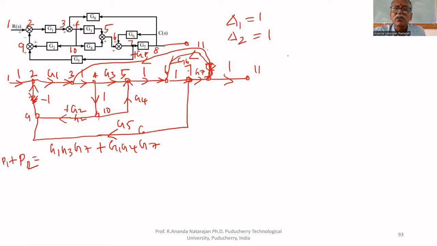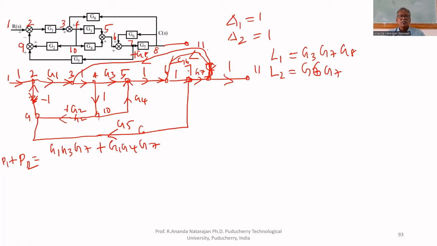To get the denominator, we have to find all loops. L1 equal to G3, G7, G8, positive.